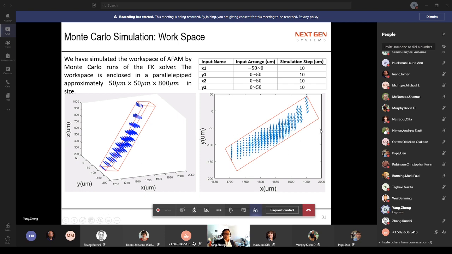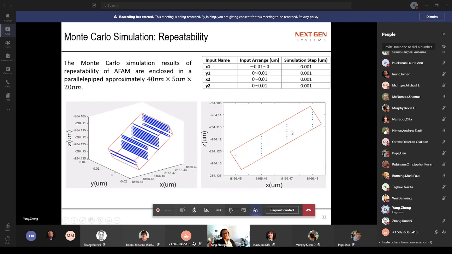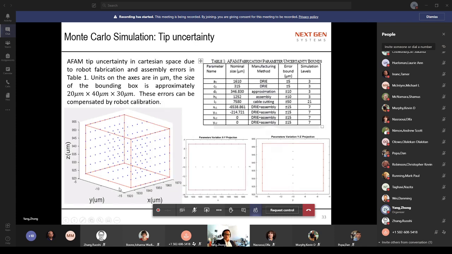This is another side view from another plane to see what this manifold looks like. We also use Monte Carlo simulations to study the repeatability and uncertainty. Through those, we can know how precise our micro robot is, and also, if we have environmental noise, whether mechanical vibration noise or electrical noise, how robust this micro robot is.